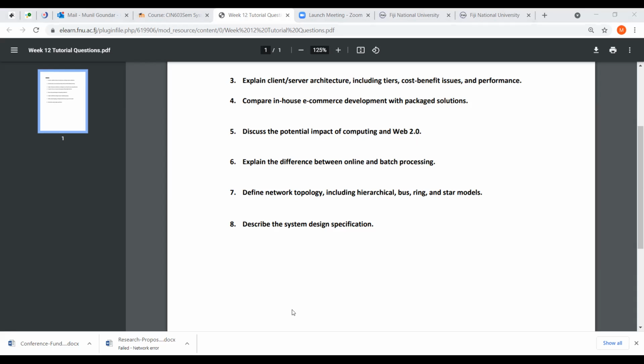So first feature is management summary. Next up is system components.